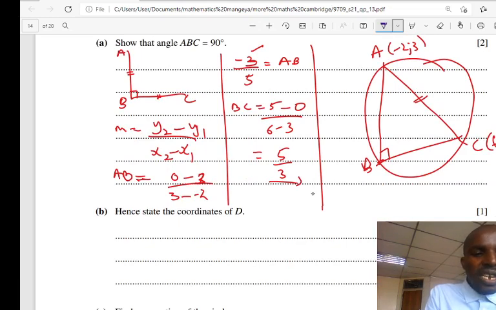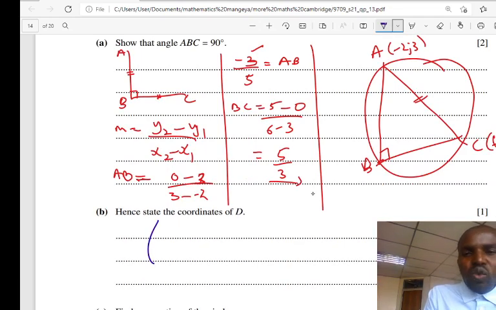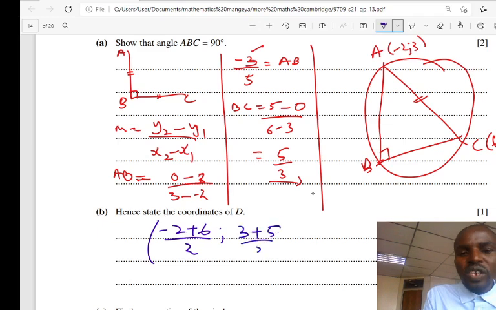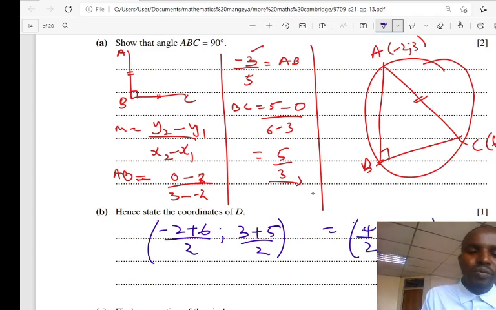Midpoint, you say x2 plus x1, minus 2 plus 6 over 2. Then y2 plus y1 over 2. That's the midpoint. Then from this one you can get 4 over 2. Then this one is 8 over 2. Then it will be 2, 4. These are the coordinates of D.